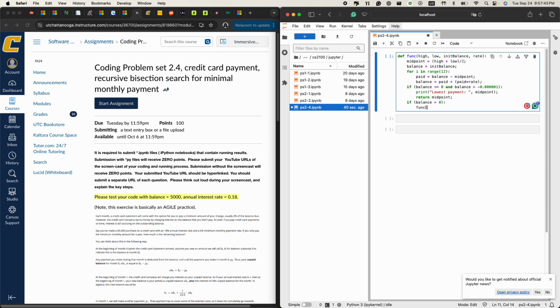This time the low bound will be our midpoint, so that we would pay more this time around. So we'll give it to high, and now instead of the original low point, we will give it the midpoint. Then we will give it the initial balance and the rate to do it all over again.